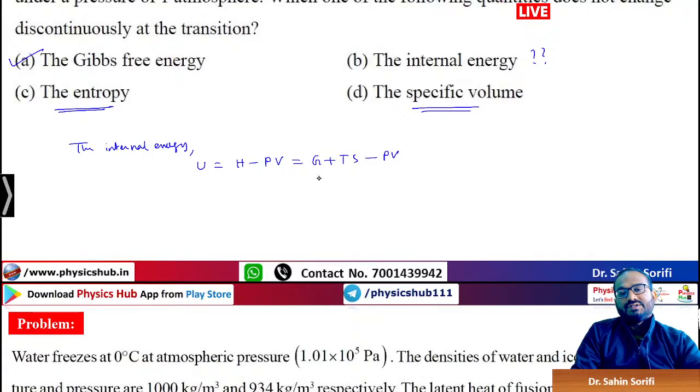Now obviously look, G is continuous. T doesn't matter. S is discontinuous. P is like a scaling factor, but this is discontinuous.